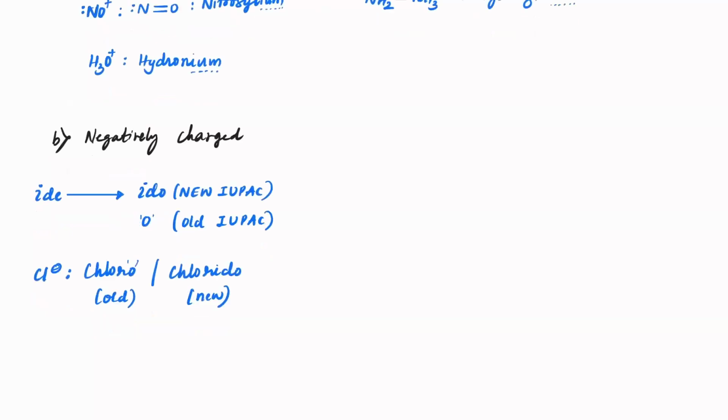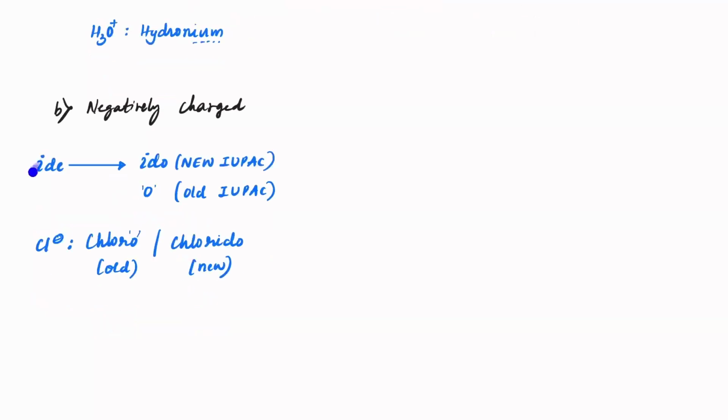Now, which of the compounds are ide salts? Any salt which is formed from an ic acid, correct? Hydrochloric acid, hydrobromic acid, hydrocyanic acid, and hydrosulfuric acid.